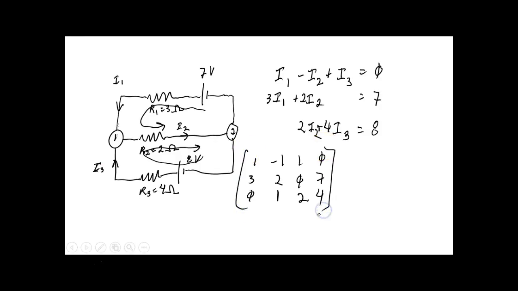Now, what's the first thing you want to happen in a matrix like that? 1 in the upper left? Yay, we got it. Okay. Next, you want that to become a 0. How do you make that happen? Row 2 minus 3 row 1 will become the new row 2. Okay?